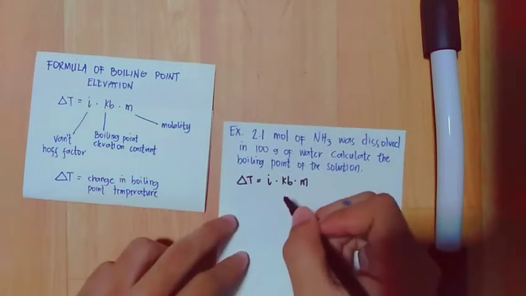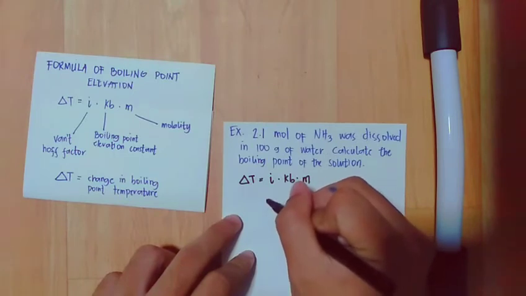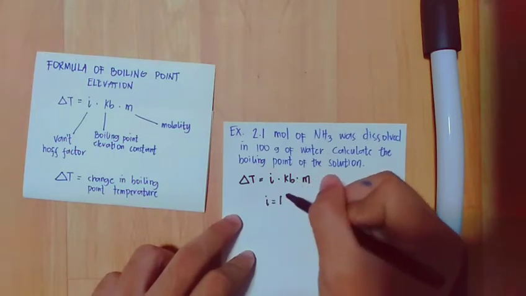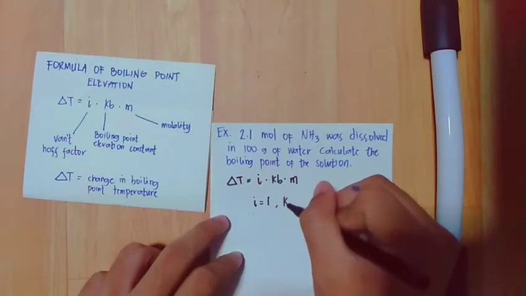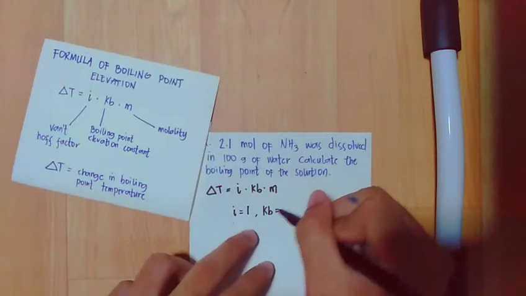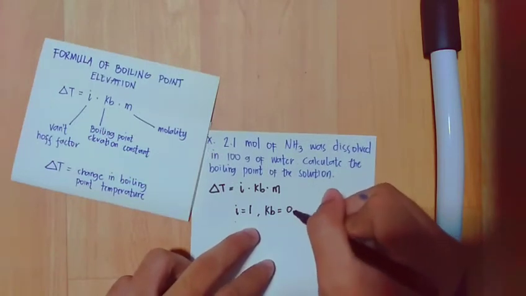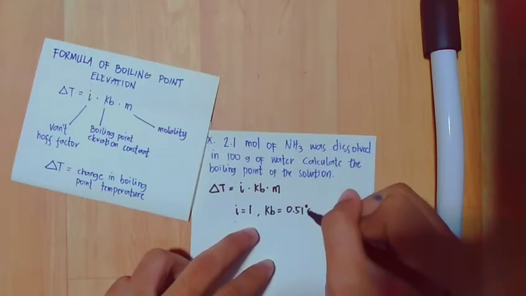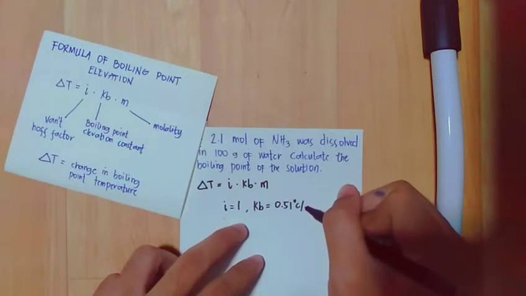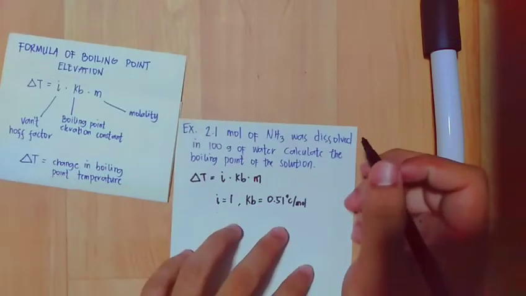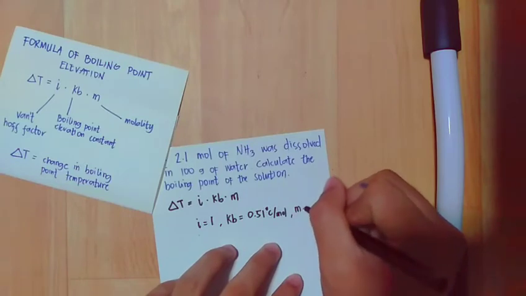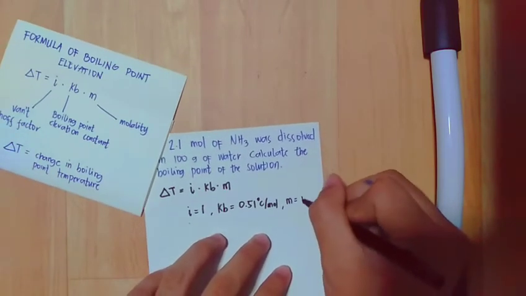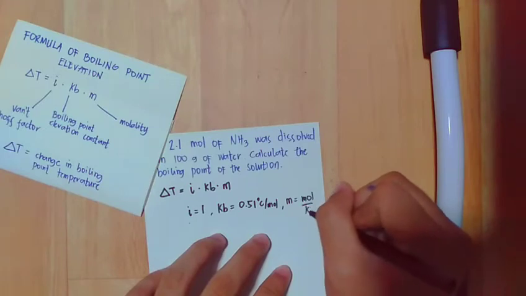The i given is 1, and the Kb is 0.51 degrees Celsius over m, or molality. And for the molality, that is mole over kilogram.